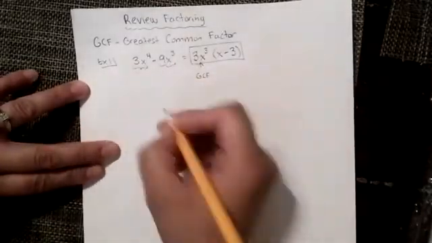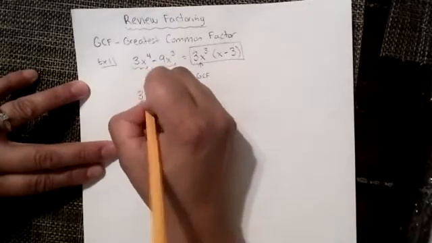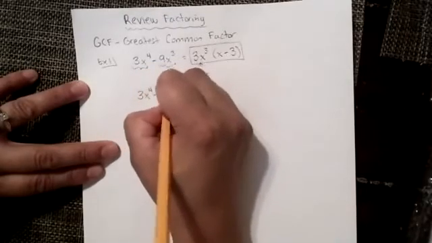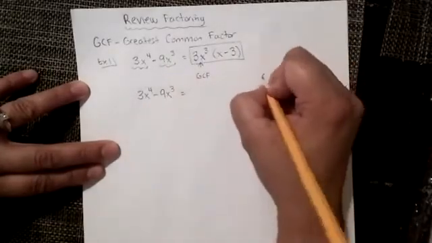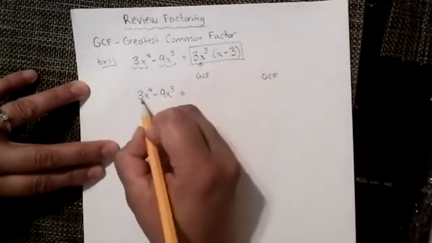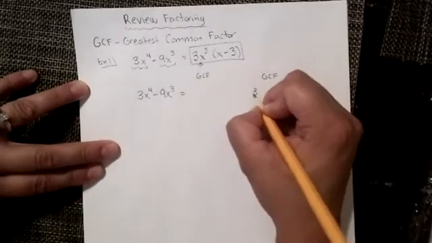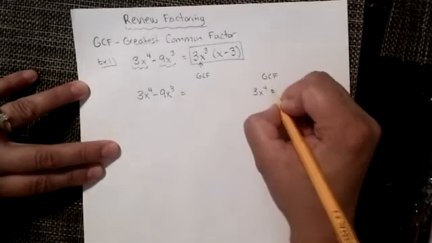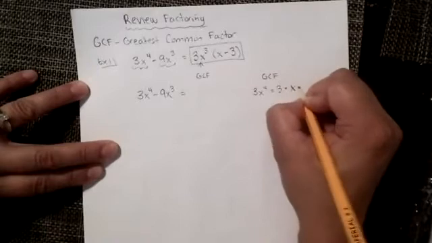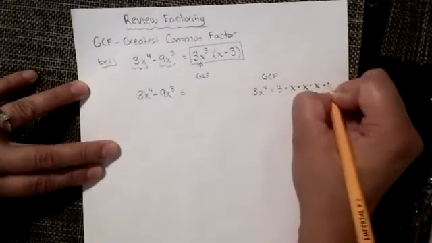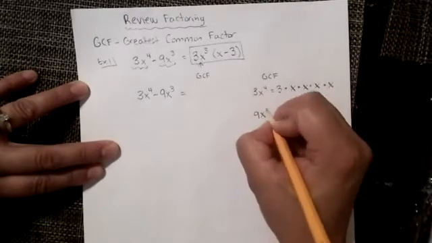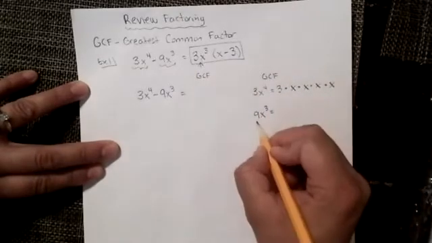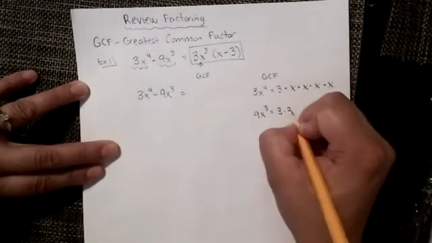Now, let's say another way you could have done it. If you don't know what's left over, how do you find the GCF? You're going to write 3x to the 4th. That is the same as saying 3 times x times x times x times x. Now I'm going to write 9x to the 3rd. Break down the number into the prime numbers. So 9 breaks down into 3 times 3.